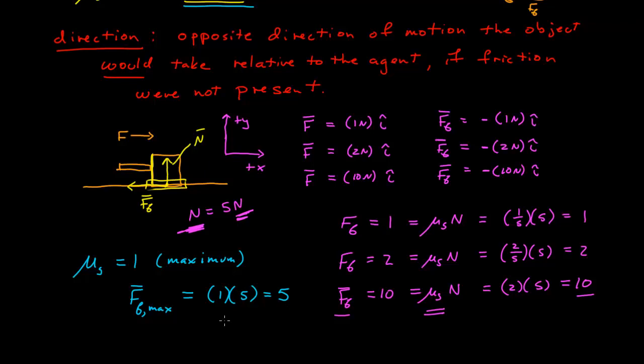Let's just do magnitudes in this. Which meant in this case that when we applied the 10 newton force, the frictional force would have been insufficient to keep the system static, and it would have accelerated off to the right.